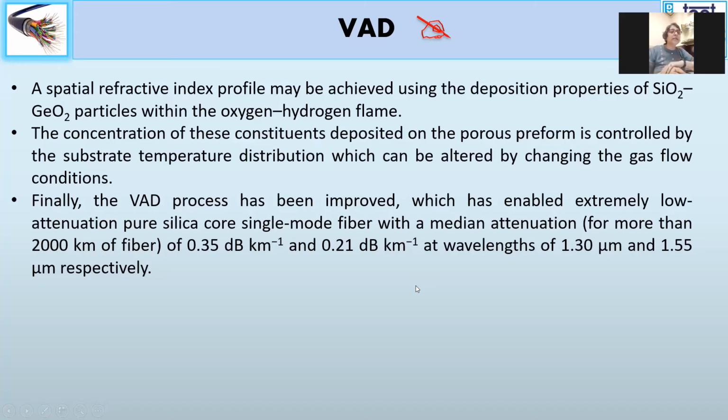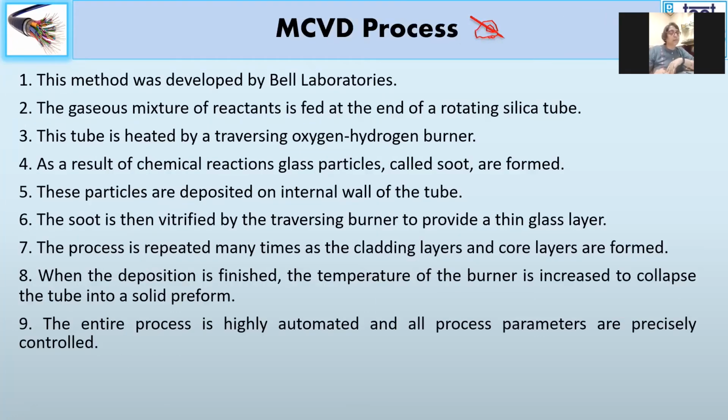So that's an advantage that we get: from say 20 dB per kilometer, with this method you are not only getting the required refractive index profile, but also a very low attenuation, because you are closely controlling any kind of impurity getting inserted into your fiber.